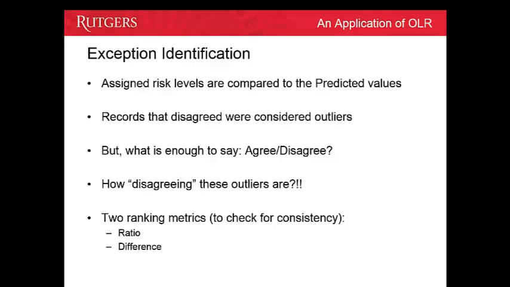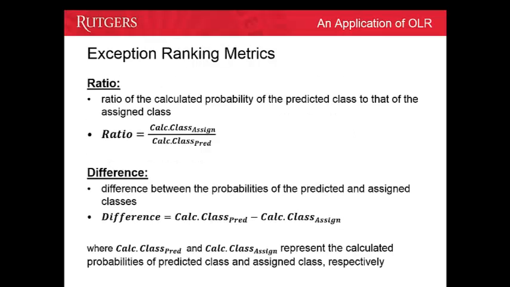Therefore, we propose to use two ranking metrics just to make sure that we were consistent in our results. One of them is the ratio, the other one is the difference. So the ratio is actually the ratio of the calculated probability of the class that was assigned over the calculated probability of the predicted class.